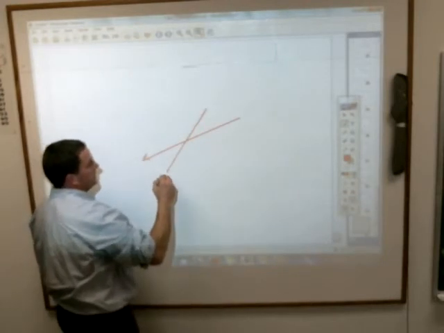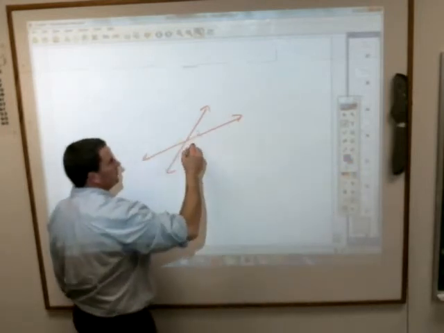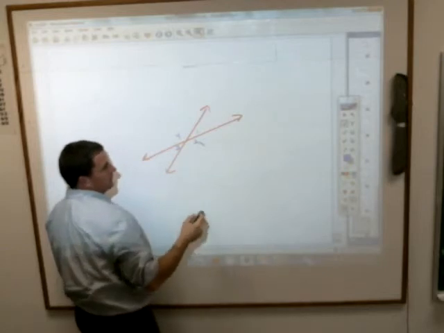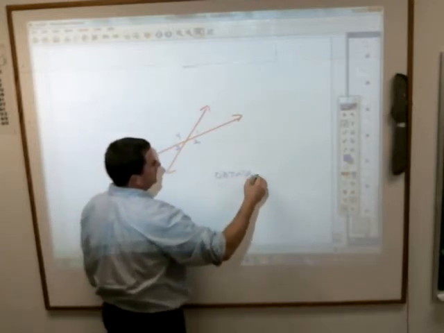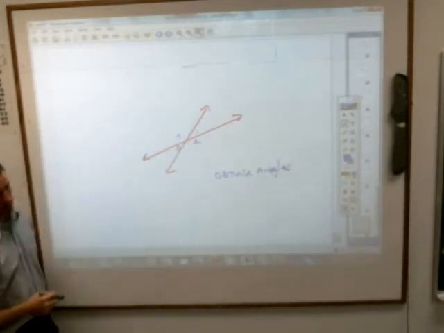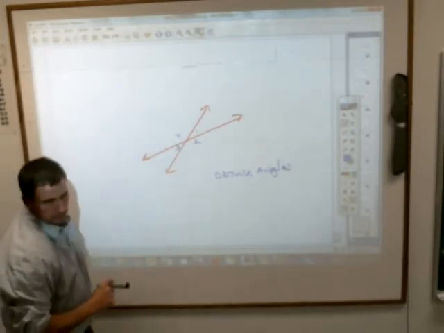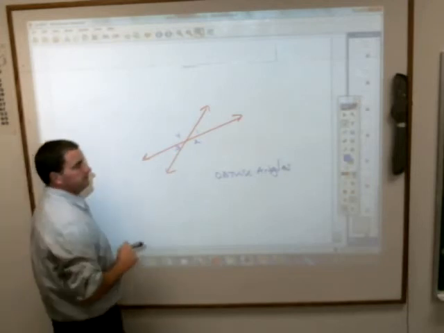And maybe one more example here. Let's say you've got intersecting lines, and these are labeled as 1, 2, 3, and 4. If I asked you to give me the obtuse angles, you would tell me that the obtuse angles would be, Kelvin?